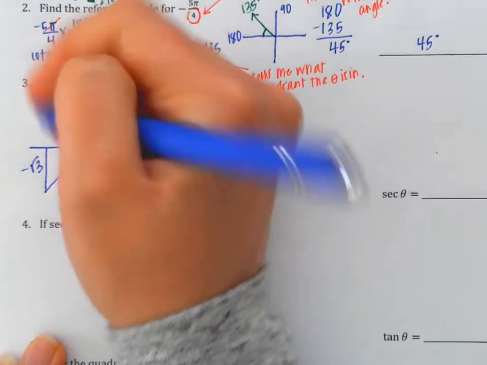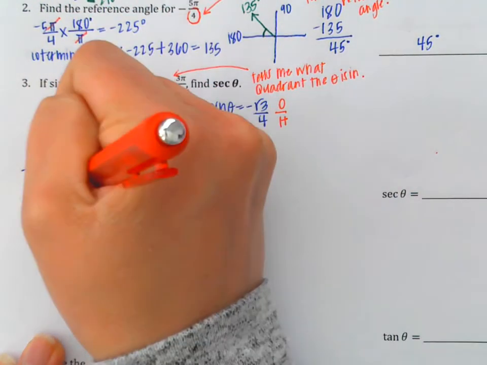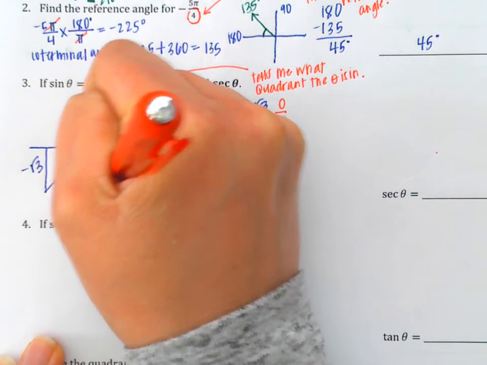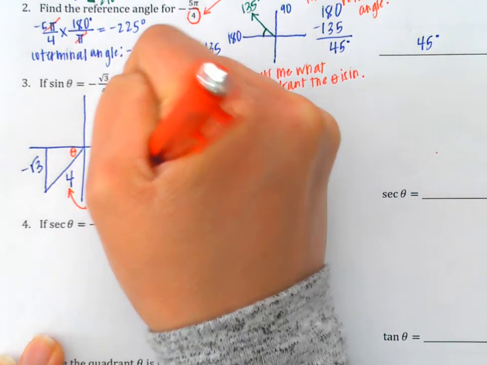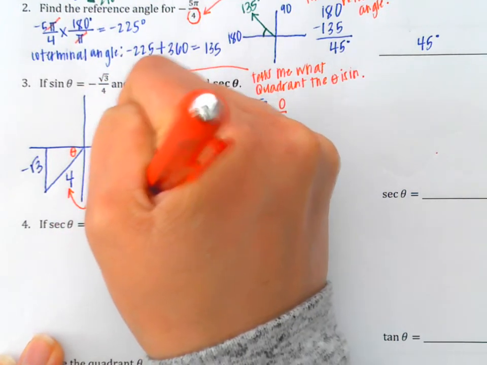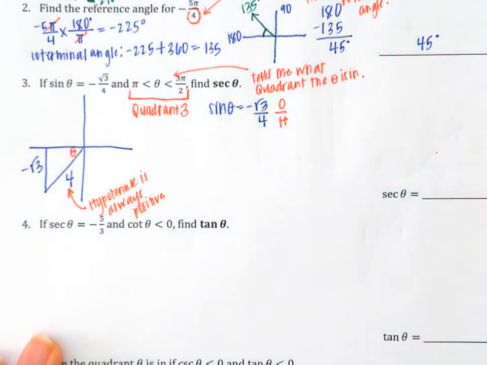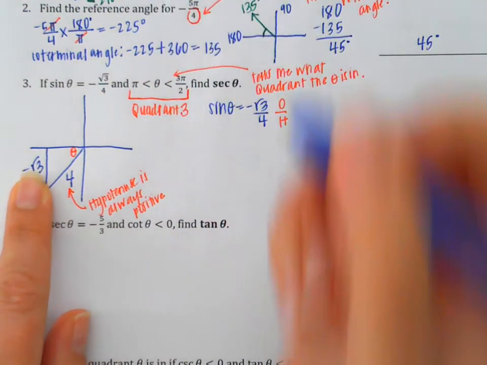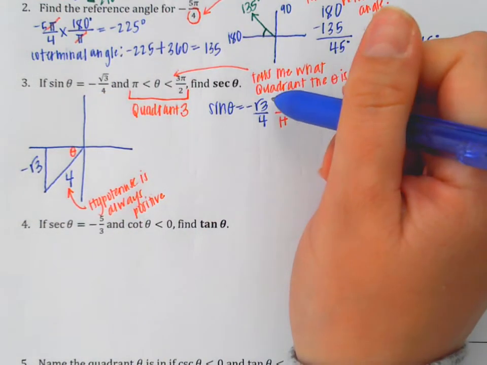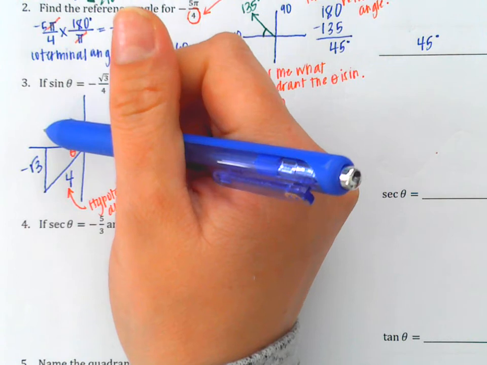And then 4 is my hypotenuse. Remember, the hypotenuse is always positive. Okay, so then this is negative, either two ways of thinking about it, the negative here, or we know this is a negative value, it's going down.